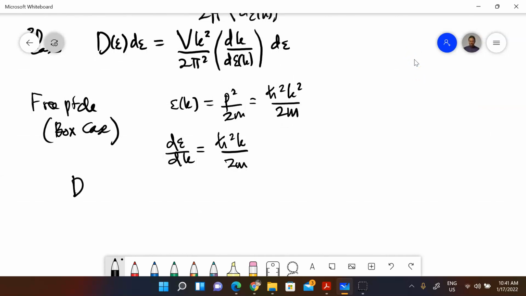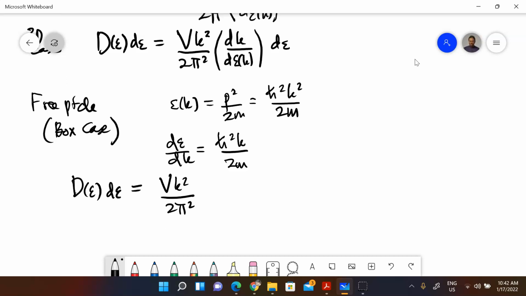The d epsilon of, this is the 3D case, V k squared on 2 pi squared, and then you have the d epsilon dk.